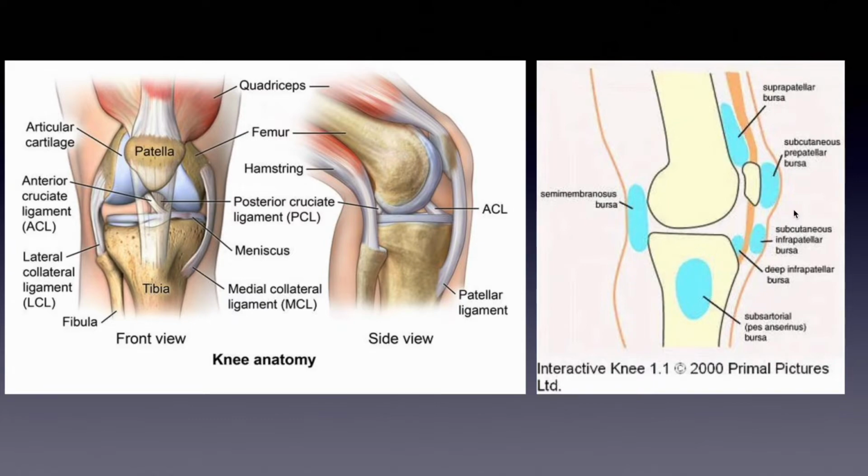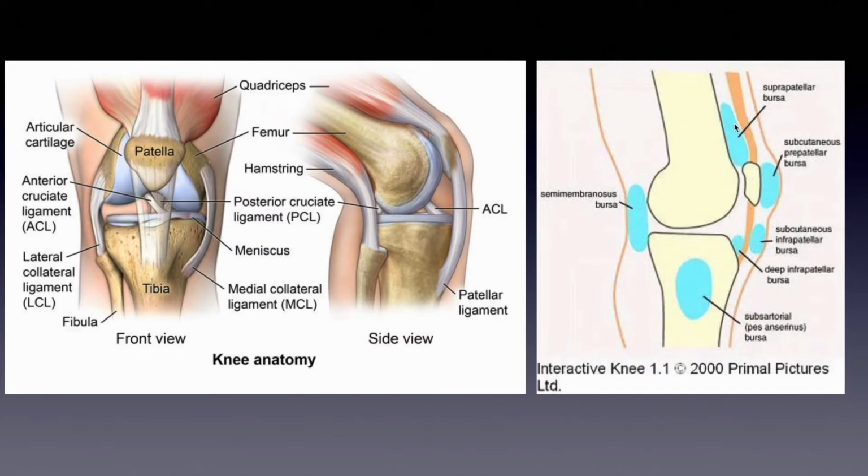The other structures that I want to talk about are bursae. When the body parts and structures are created, we want to protect them. That's why we have these fluid-filled sacs that we call bursae. Their main role is to decrease friction. We have the subcutaneous prepatellar bursa, under the skin and in front of the patella.